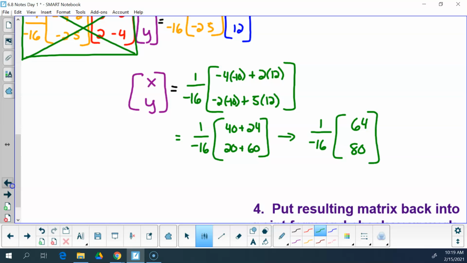Now we can distribute, or scalar multiply, that in, and that's going to give me the matrix x, y is equal to the matrix negative 4, negative 5.